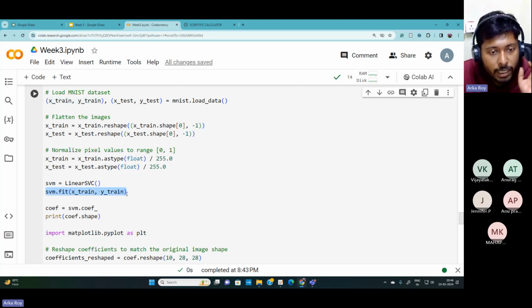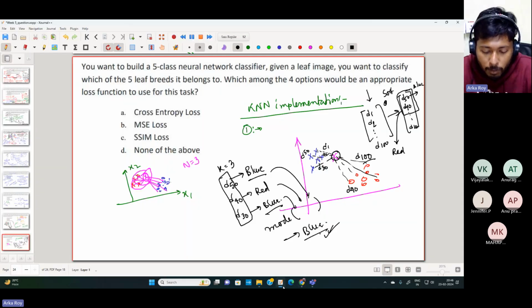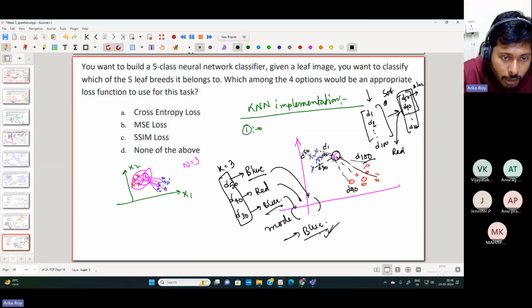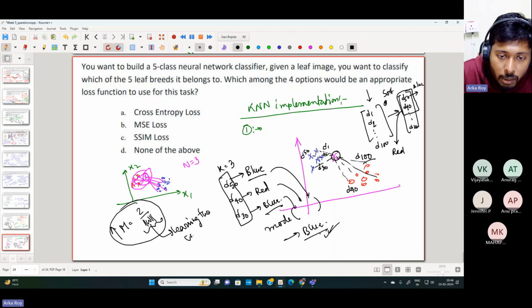Now, after you train the SVM, in the SVM optimization function you have seen that if margin is 2 by mod W, we need to increase the margin. With respect to what? With respect to these weight values. So we need to optimize this margin with respect to W values, which means we are learning the weight values.